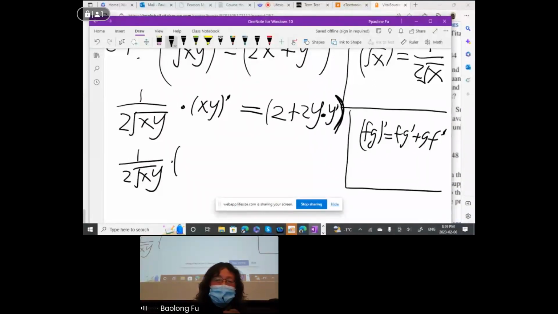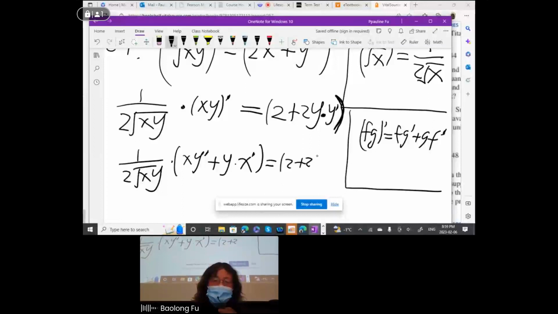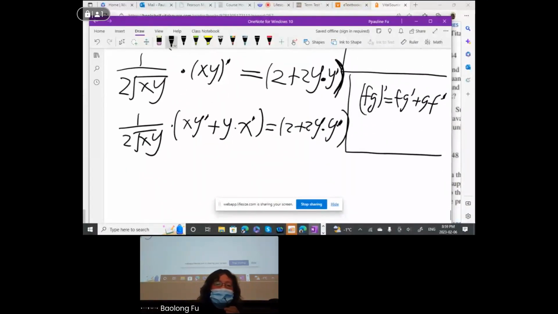It is this plus g times the derivative of x. Copy down the right-hand side times y prime. Continue the left-hand side times, let me see, y prime, yeah, xy prime plus y.